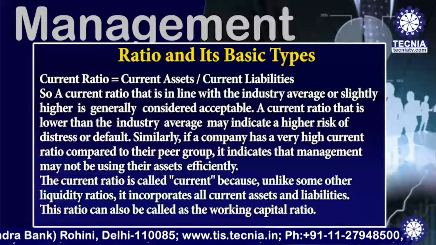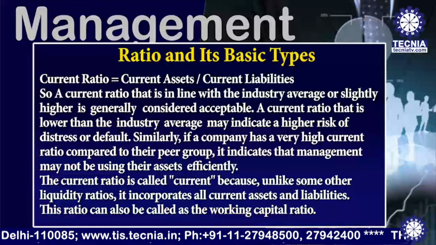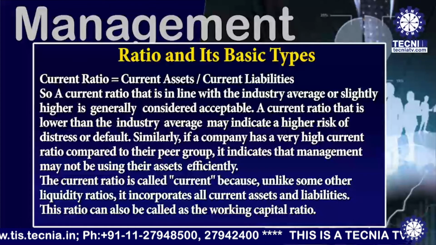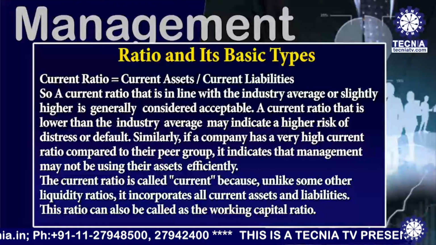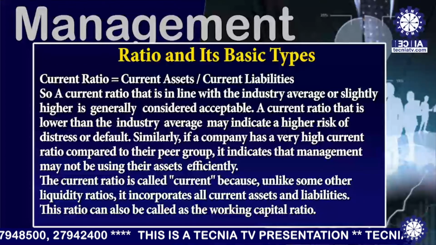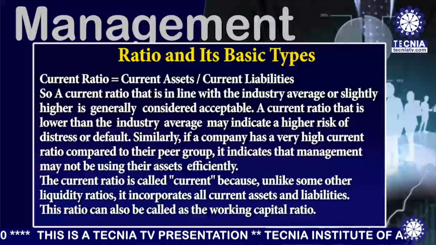So, a current ratio that is in line with the industry average or slightly higher is generally considered acceptable. A current ratio that is lower than the industry average may indicate a higher risk of distress or default.